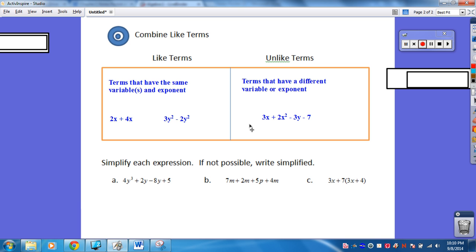Okay, so down here on the bottom, here's 3 examples. It says simplify and if not possible, write that it's already simplified. So you're going to go through and look for like terms. This first term here, 4y to the third power. I don't see any other term that is raised to the third power.